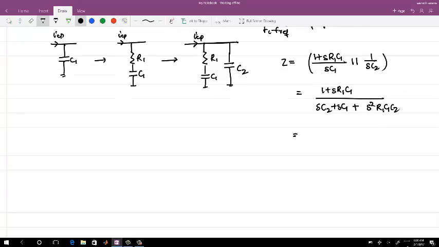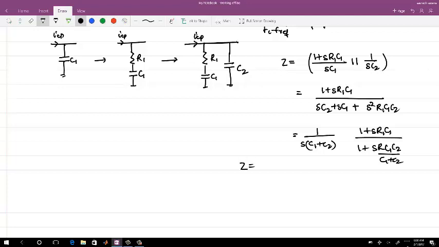So I will have S(C1 plus C2) times 1 plus S R1C1 by 1 plus S R1C1C2 by (C1 plus C2). Okay, now I will just take R1 out. So what I have is S plus 1 over R1C1, S plus 1 over R1C1C2 by C1 plus C2.